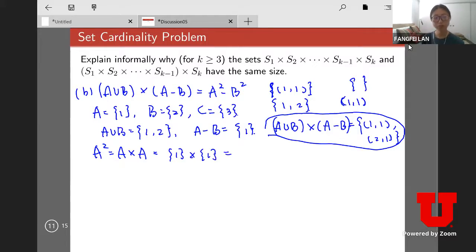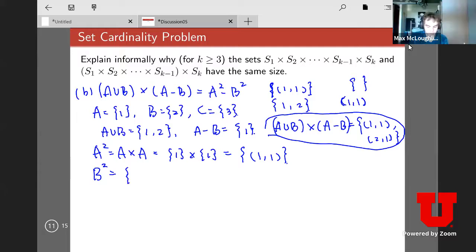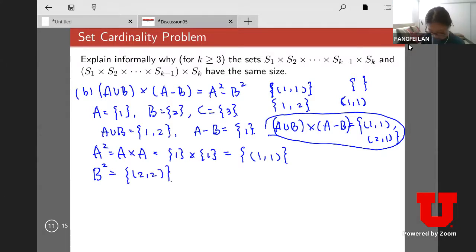So A squared is (1, 1), like this. What is B squared? B is 2. B is a set {2}. So we have an element looking like (2, 2).